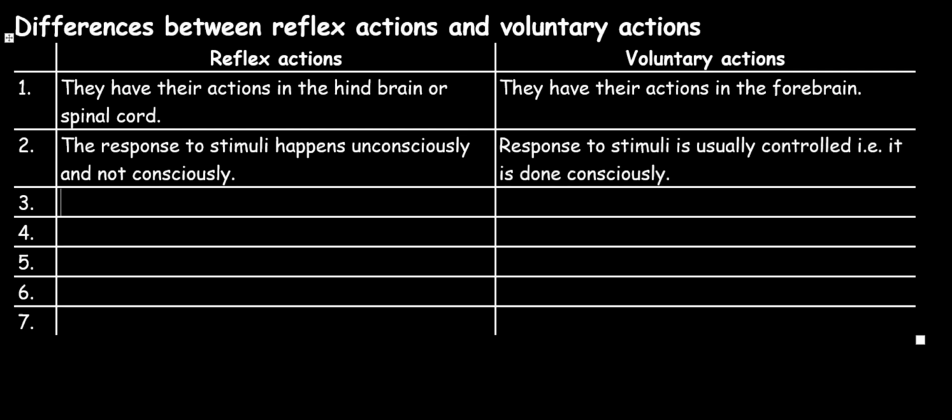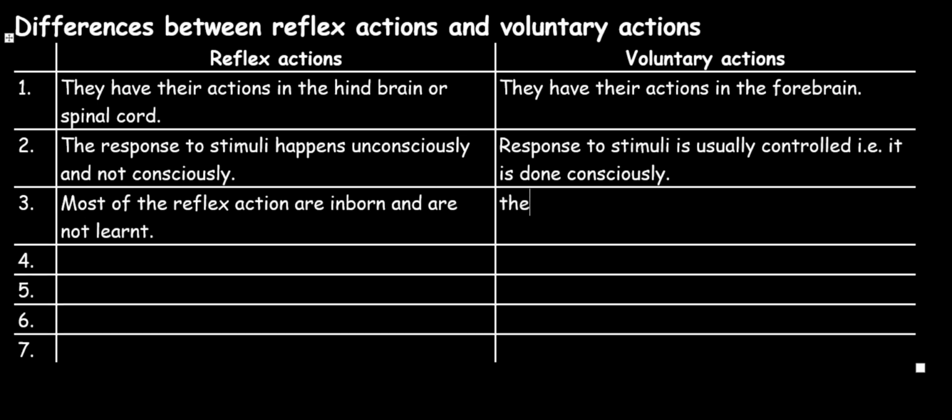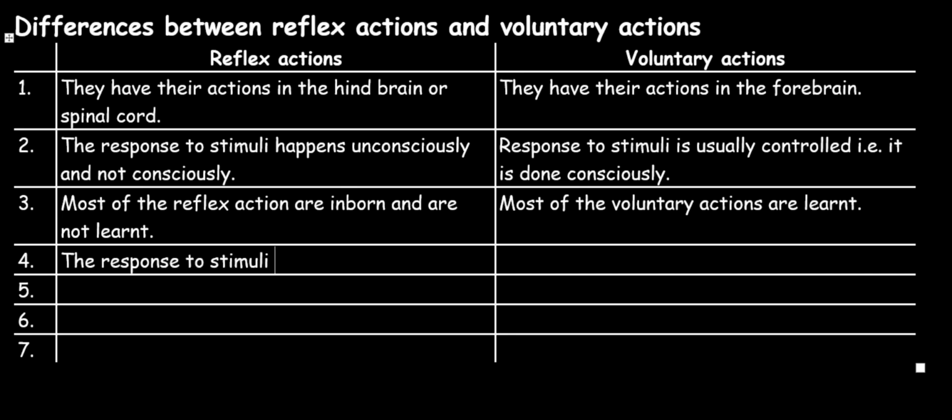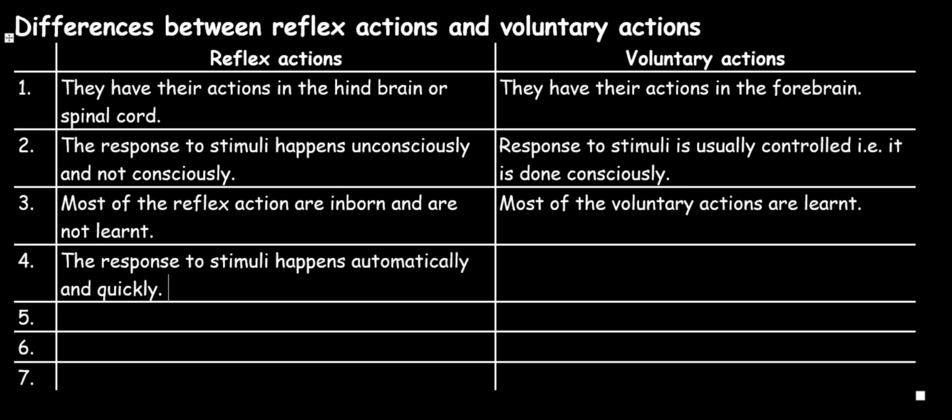Most reflex actions are inborn and are not learned, while most voluntary actions are learned. For reflex actions, the response to stimuli happens automatically and quickly, while for voluntary actions, the response to stimuli is not automatic. It is a little delayed.